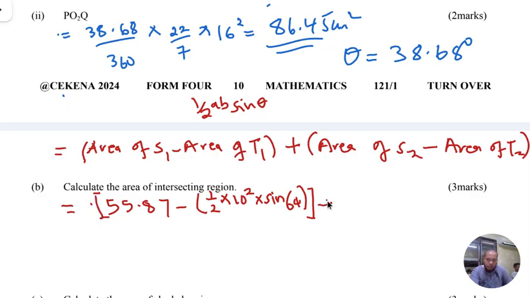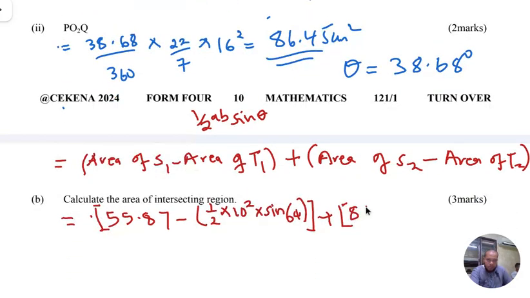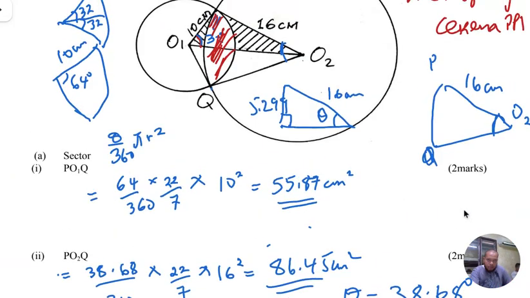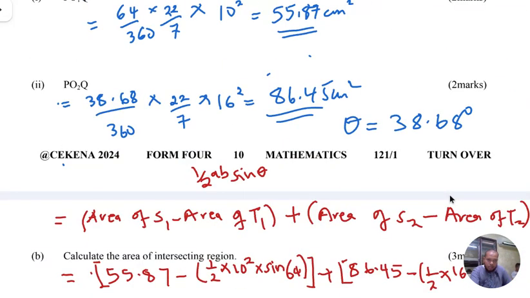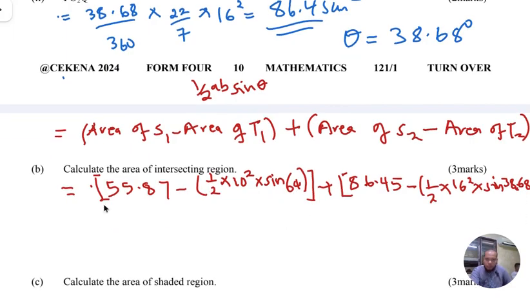Plus, the second segment: we got 86.45 minus a half times AB, where the radius is 16 squared, times sin of its angle, 38.68.